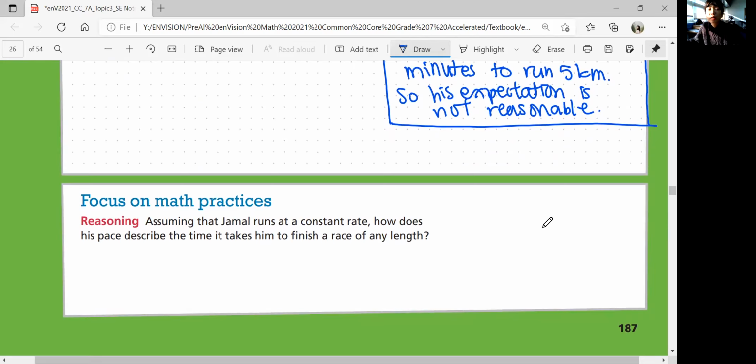Assuming that Jamal runs at a constant rate, how does his pace describe the time it takes him to finish a race of any length, not just 5K, any length? How would you describe it using his pace? You can use the rate as how much time he takes in order to run a mile.